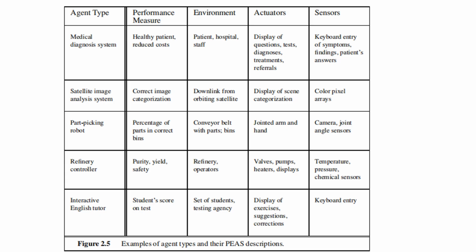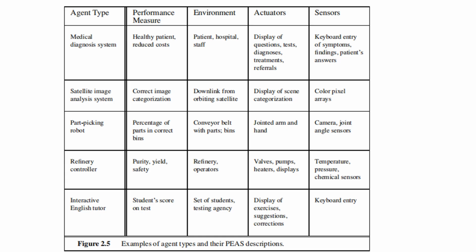There the performance measure is purity, yield, safety. Then the environment is refinery, operators. Then actuators are valves, pumps, heaters and display, and the sensors are temperature, pressure and chemical sensors.